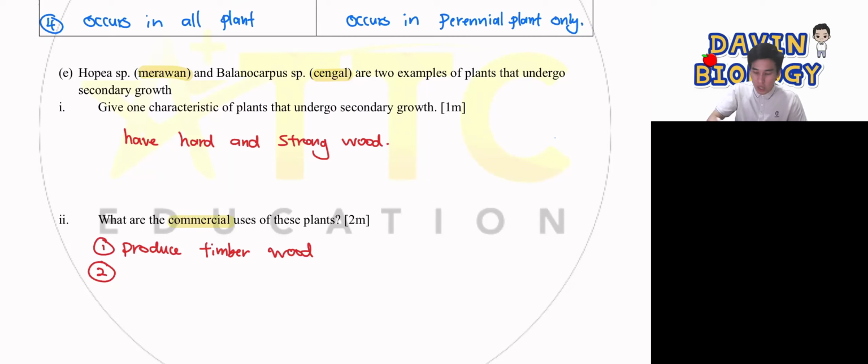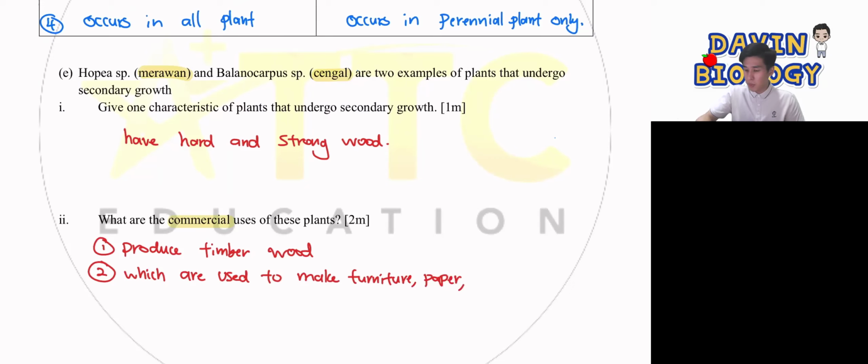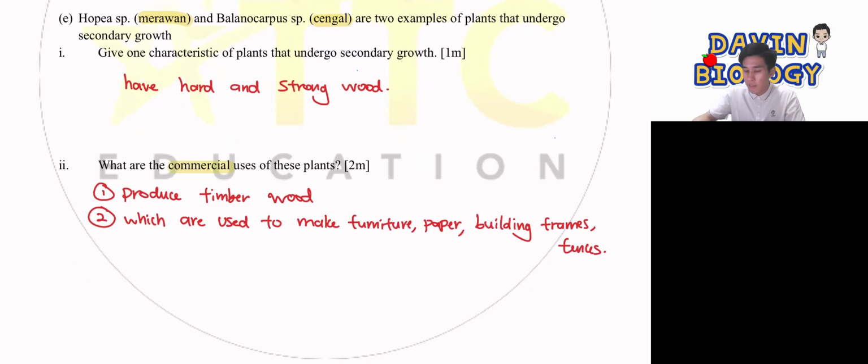So then you explain which are used to make furniture, paper. What else? Building frames. Some buildings use wood, like roofs also. Building frames, fences. Yes, of course, you also can say that. One or two examples is enough actually.